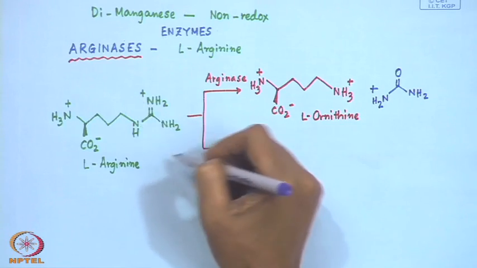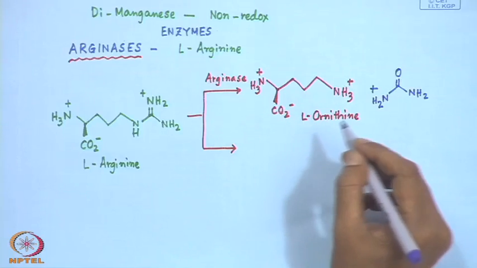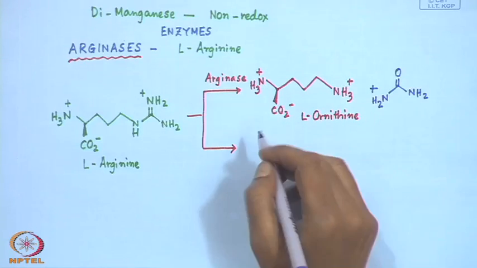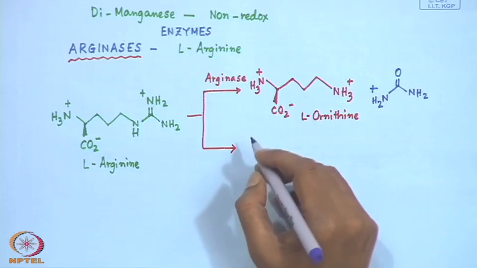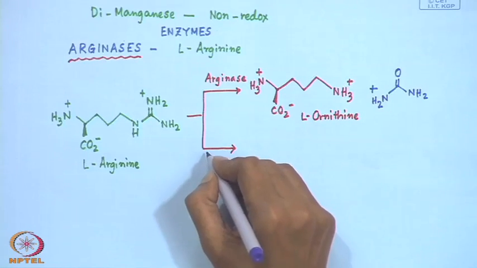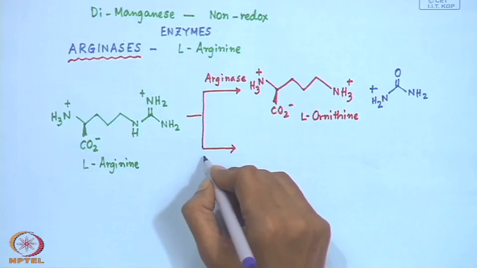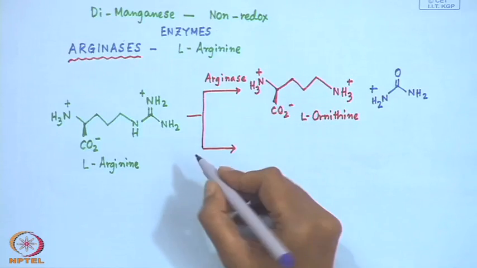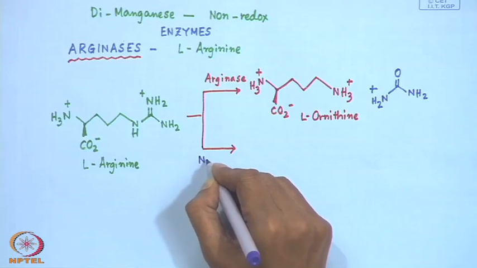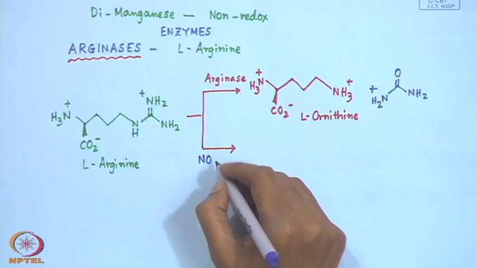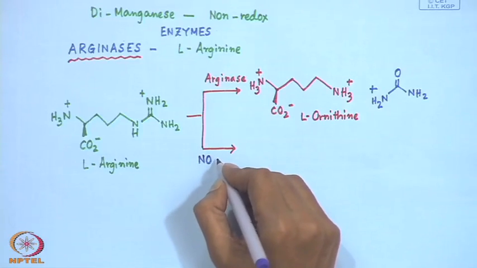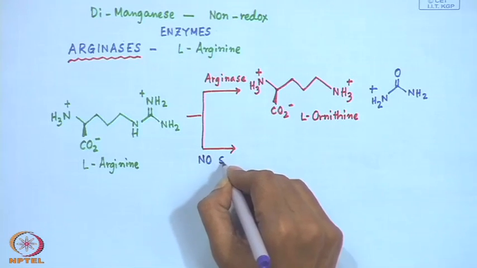So, this particular part how we clip using this important manganese based enzyme. And another interesting molecule we will not study here, but you should know that, because these are the competitive pathways, where the very interesting molecule, inorganic chemists always claim that this is our molecule, NO, nitric oxide synthase.